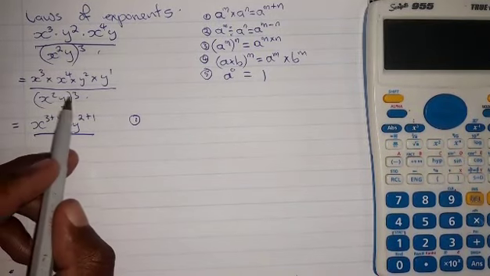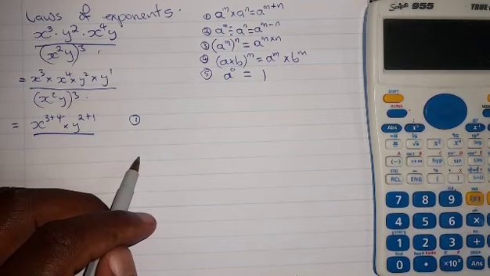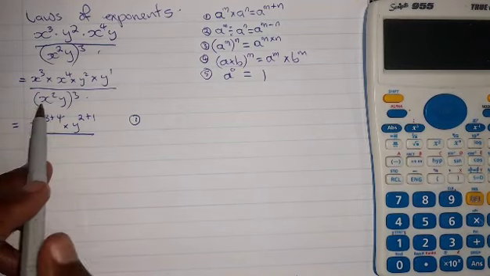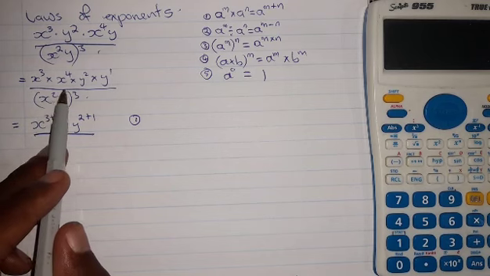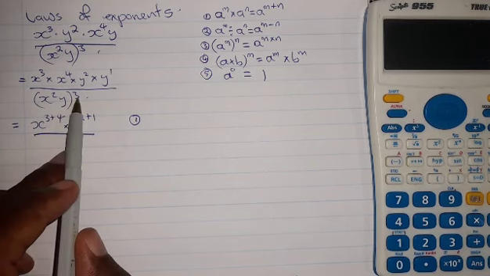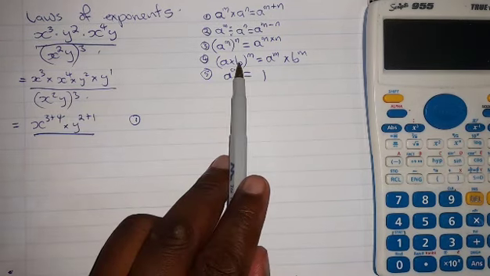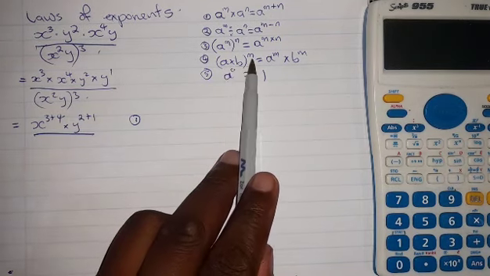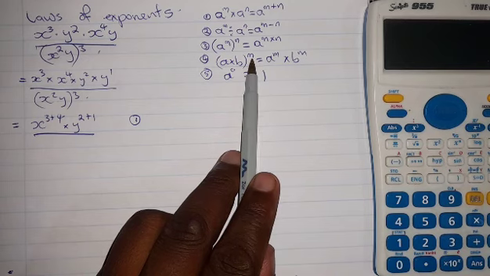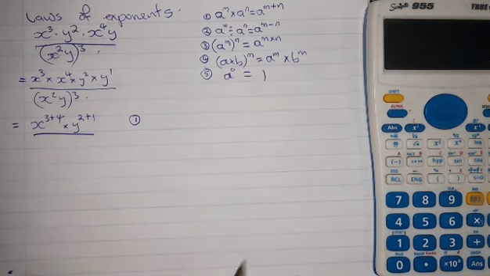And then look at what we have here. Which law are we supposed to use? We have 2 items in brackets. Both of them are being raised to the same power. Look at this. We have a, we have b. Both of them are being raised to m. So we make use of that power.